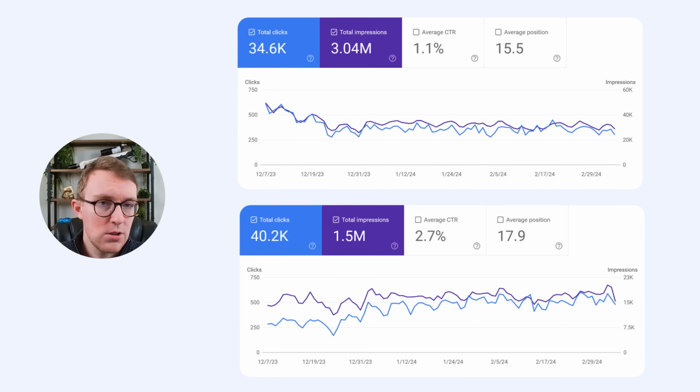December was actually a pretty good month, but it's kind of returned to normal. And now we're in early March, so it's too early to say if the update that we're going through has hit it, but none of these sites have received penalties or any sort of update that I can tell, at least obviously yet.